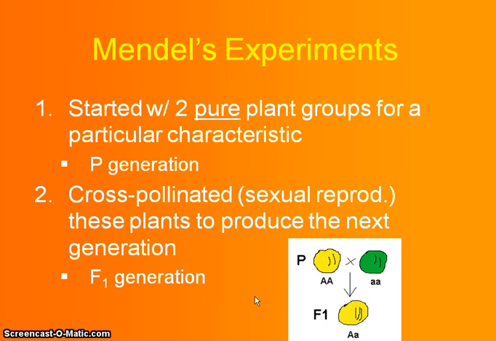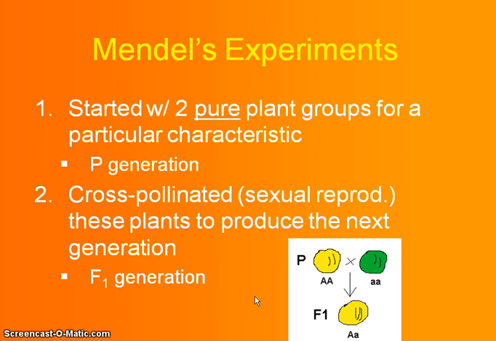His experiment is mainly 3 steps. The first one is where he started with 2 pure plant groups for a particular characteristic. Those pure groups are called strains, and this is going to be his P generation, or parental generation. From there, he cross-pollinated them, which is a form of sexual reproduction, so he combined 2 different plants together to produce the next generation.